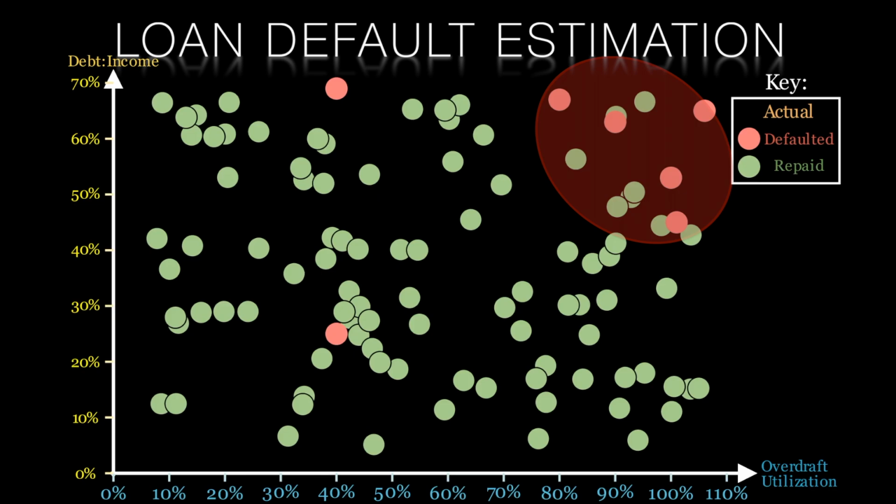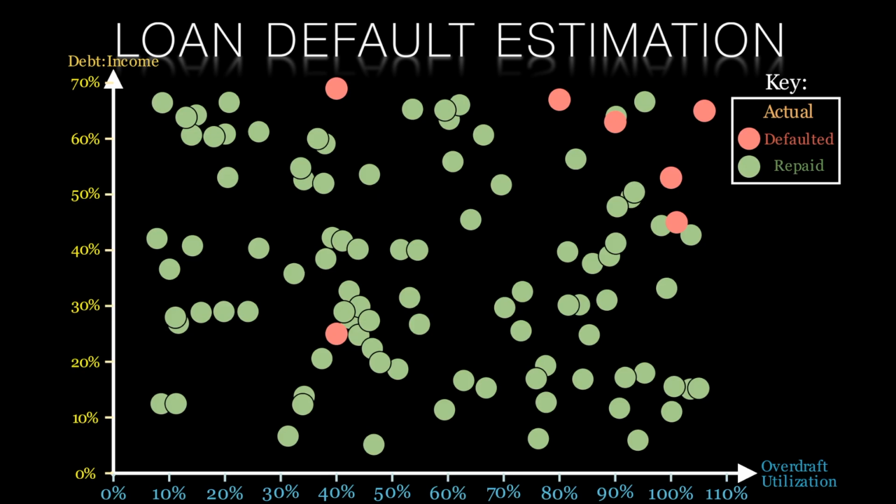Not particularly surprising. We can use this dataset to train an AI model and get it to predict whether a borrower defaults or repays. For our predictions, we'll put a circle around each point. Red for a predicted default and green for a prediction of repay. With an unbalanced dataset such as this, it's very simple to get an accuracy score of 93%.